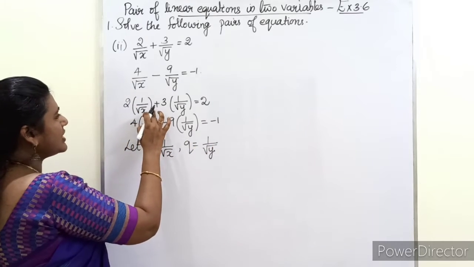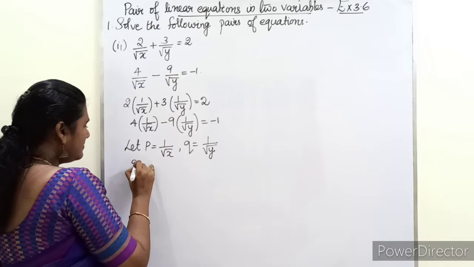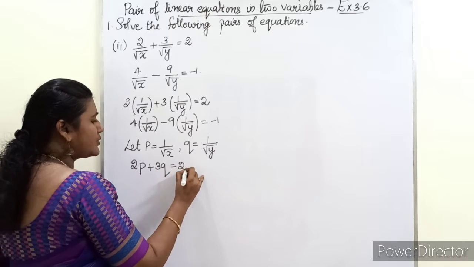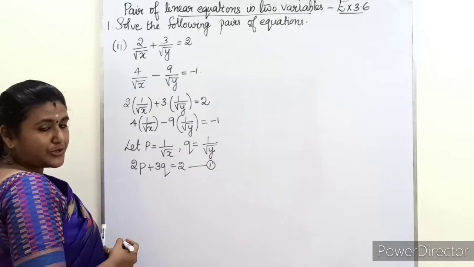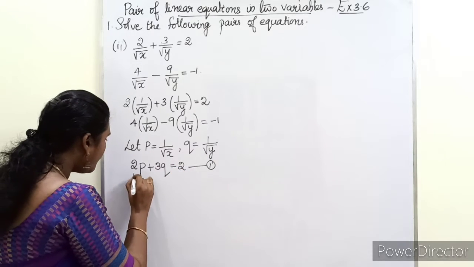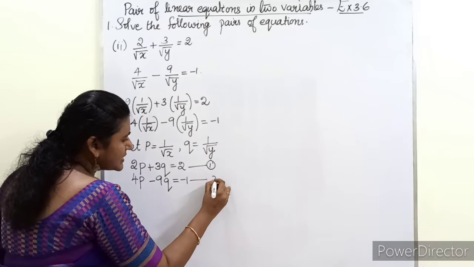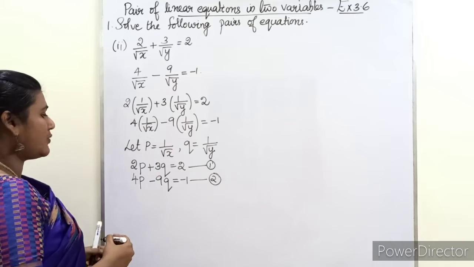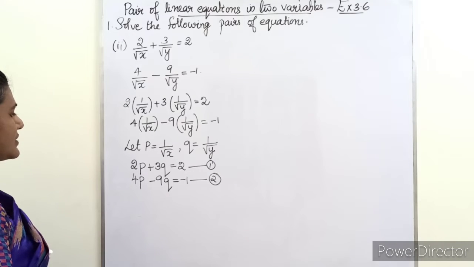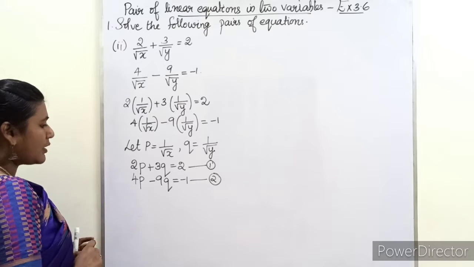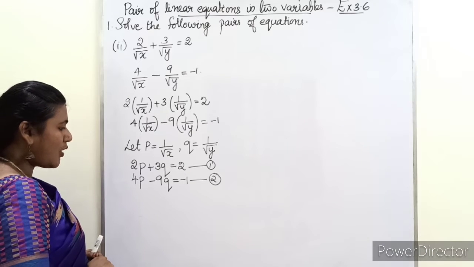So this equation reduces to 2p plus 3q is equal to 2. So this is the first equation. 4p minus 9q is equal to minus 1. So this is the second equation. So now here if you see, we have to solve using elimination method, but the coefficients of p and q are not the same.